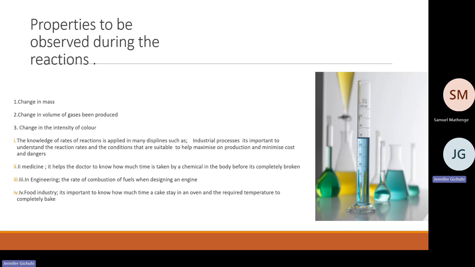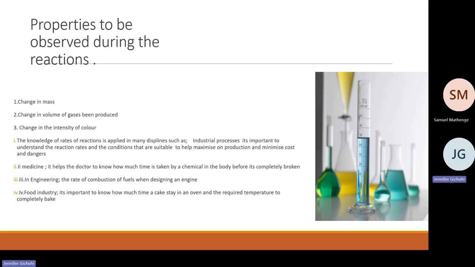The other item that we had noted was the syringe, and the syringe, again, would be used to measure the volume of gases. So you note that the change in the volume of gases will also enable us to measure the rate of reaction. The last one, which we did not observe in our reaction, is where we may have reactions involving color changes.